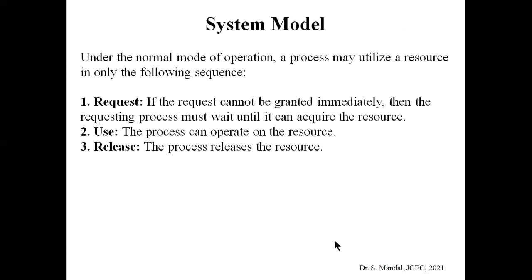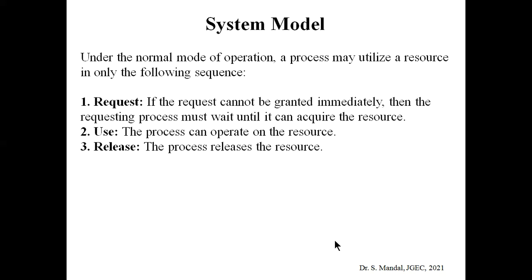Now, the system model. Under the normal mode of operation, a process may utilize a resource in the following sequence: request, use, release. As the name suggests, request means a process is requesting a resource for accessing it. Before using that resource, it must request to acquire it. Use means the process can operate on the resource.